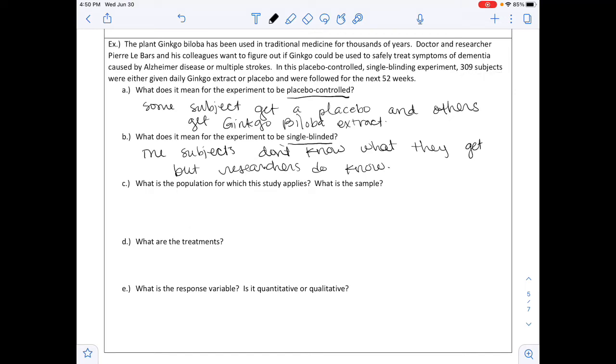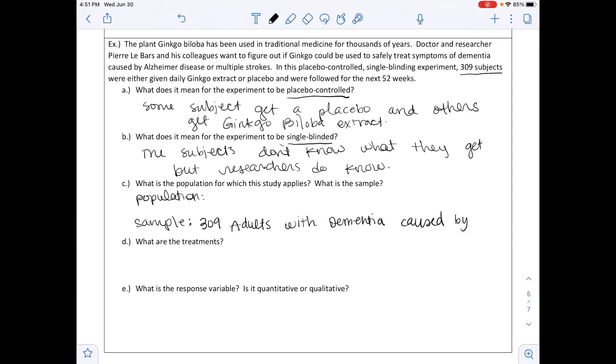And we know that they all have dementia, which is caused by Alzheimer's. So this is going to be those 309 subjects, and they're actually adults, it does say up there, with dementia caused by Alzheimer's.